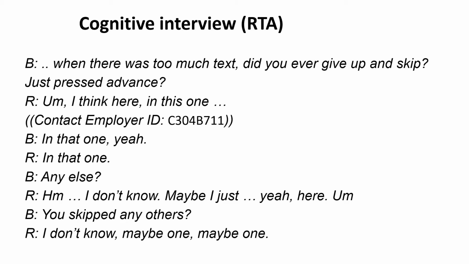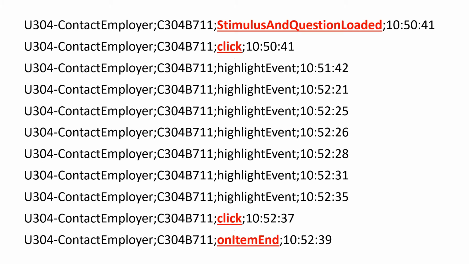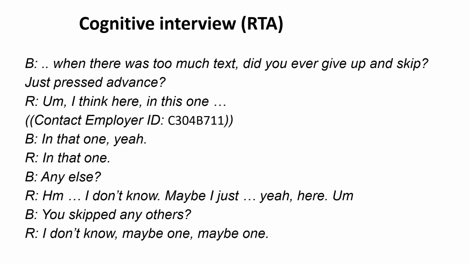And I could see from the body language and the performance that something was going on in relation to fatigue. So the respondent says, I think here in this one, and she means contact employer, the item where we have the log data displayed here. So we have a triangulation here, we could say, between the observations, my note taking, the log data, and the data from the retrospective think aloud.